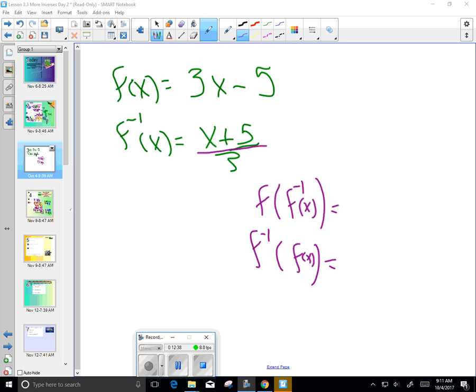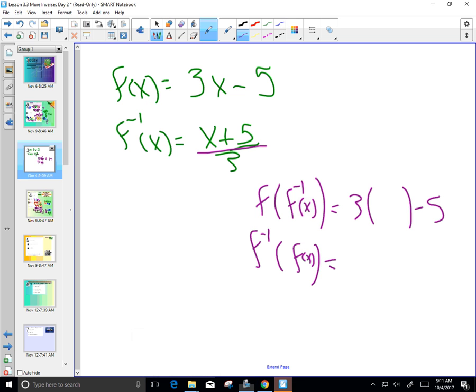The outside function you write first. 3 times x minus 5. And then you put in, for x, the inverse function. X plus 5 over 3. Do you see these 3's and then the 5's canceling to get x?